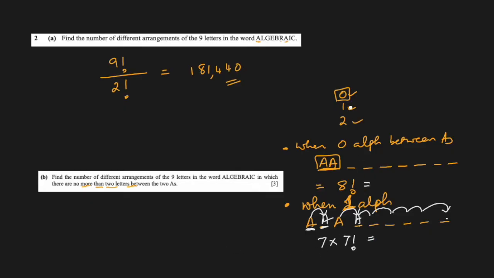And the third case will be when there are 2 alphabets between A's. Okay. So A, 1, 2, A. 2 alphabets in between A's, others are here. So 1, 2, 3, 4, 5, 6, 7, 8, 9. Now I will see, like I looked here, where this second A can go. It went 7 places.